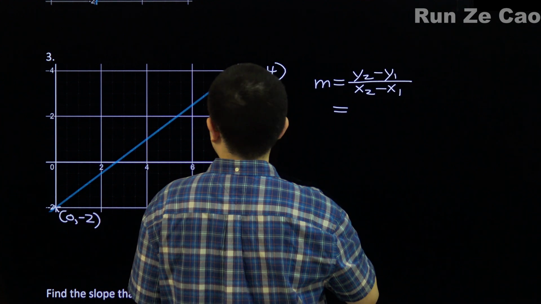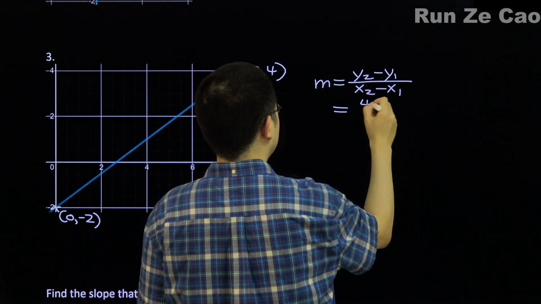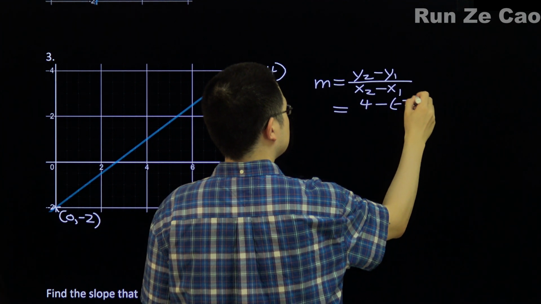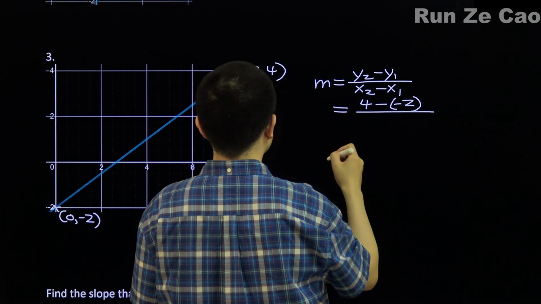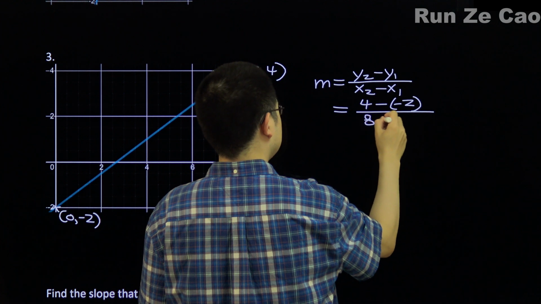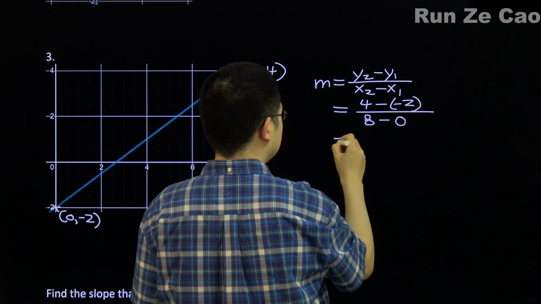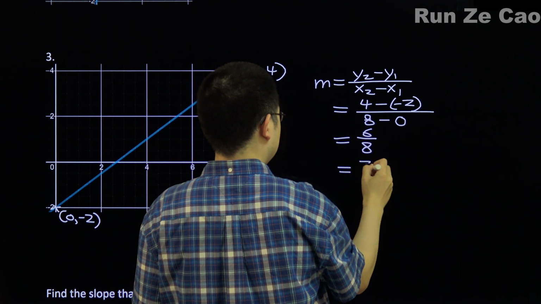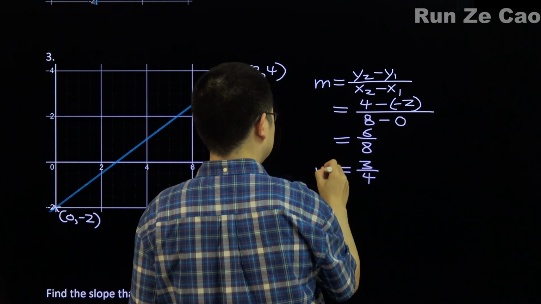So y2 is 4 minus y1 is negative 2 over x2, which is 8, minus x1, which is 0. So that is 6 over 8, or 3/4.